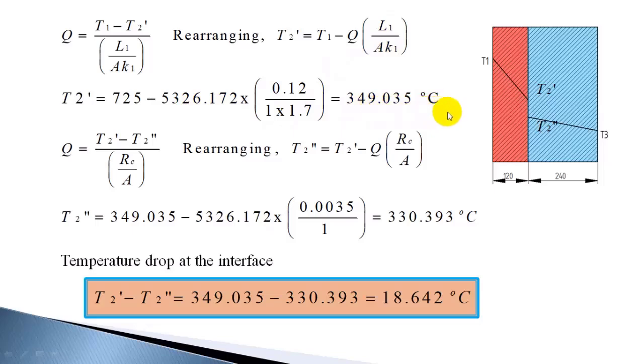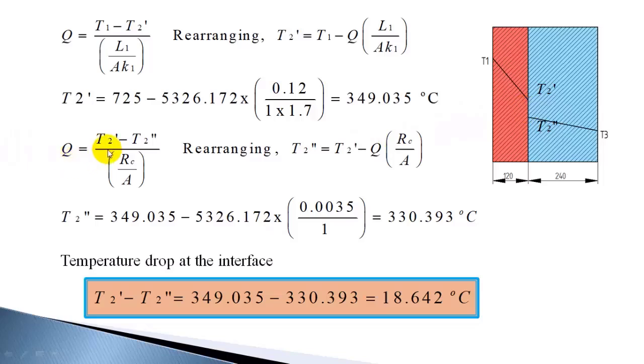349.035 degrees centigrade. You can also write the heat transfer as T2 dash minus T2 double dash divided by the contact resistance. This drop is occurring due to contact resistance. So T2 dash minus T2 double dash divided by contact resistance also will give the same heat transfer.